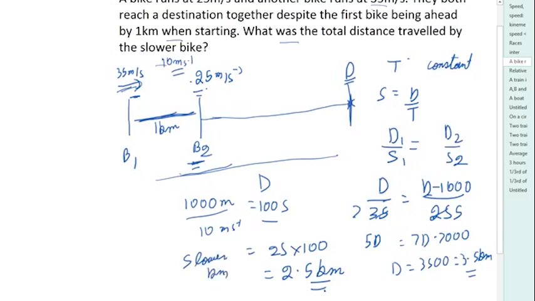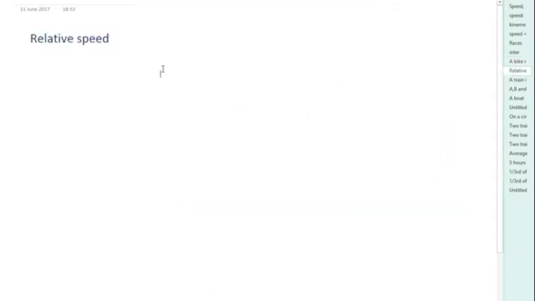So that gives us the concept of relative velocity, and we'll go into that. What do we mean by relative velocity? A lot of you would have heard of it at some point or the other, but let's quickly look at it also.